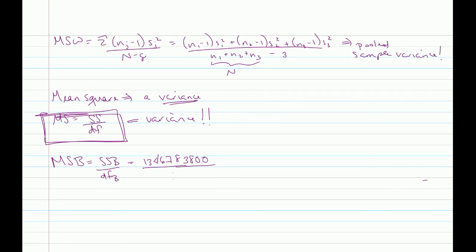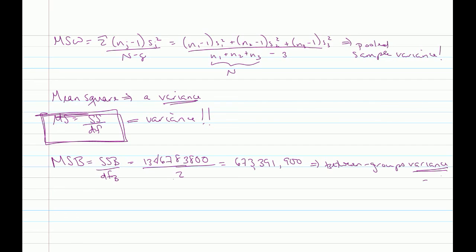Remember that was g minus 1, so that's divided by 2. And that's going to give us an MSB of 673,391,900. So this is a seemingly huge MSB. This is our between groups variance.